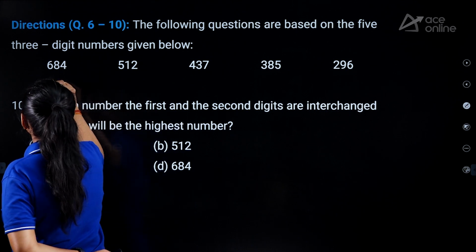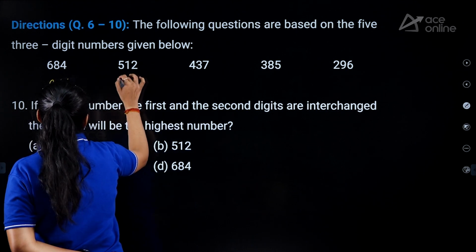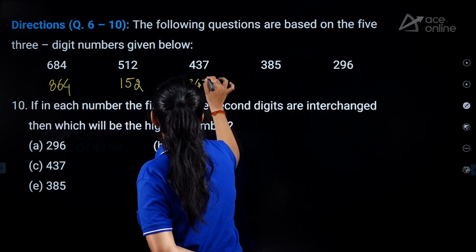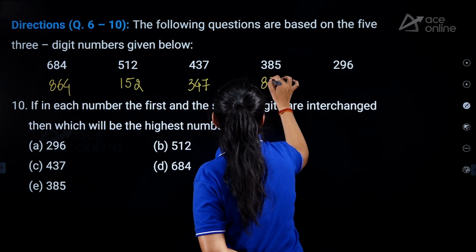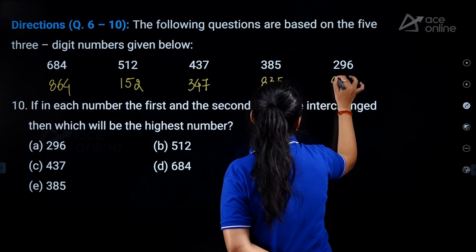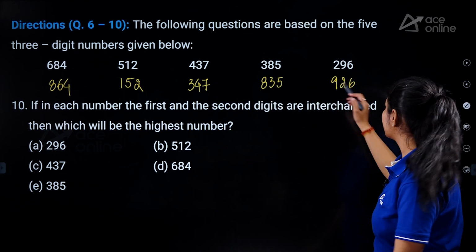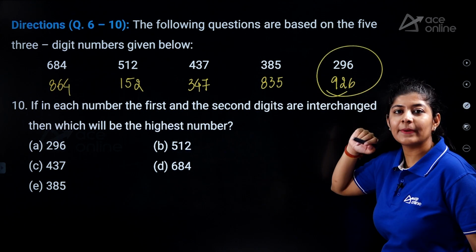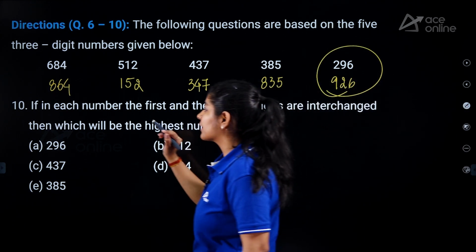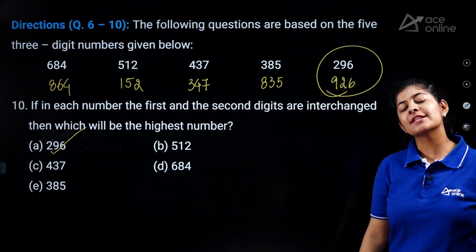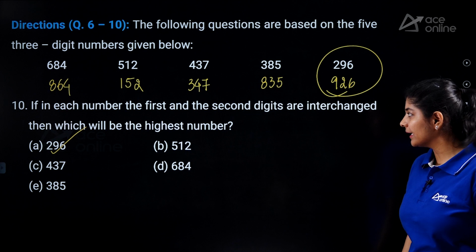So it will become 864, 152, 347, 835, 926. And we have to identify the highest number, which is nothing but 296. So the correct answer over here is your option number A.